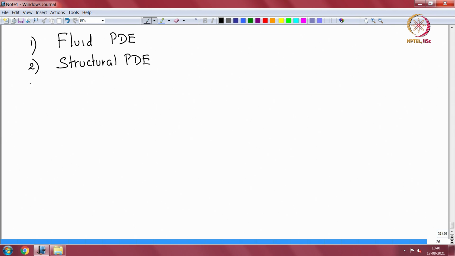Now we need to connect the two, which is the boundary condition.